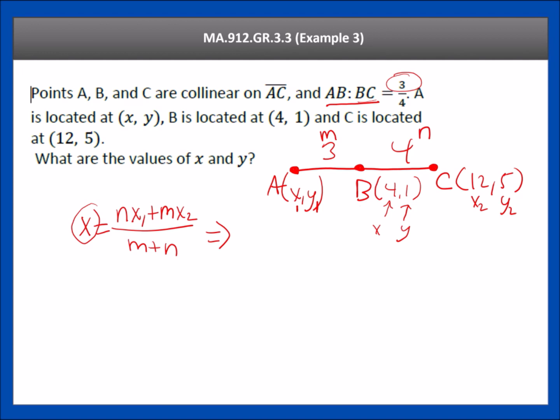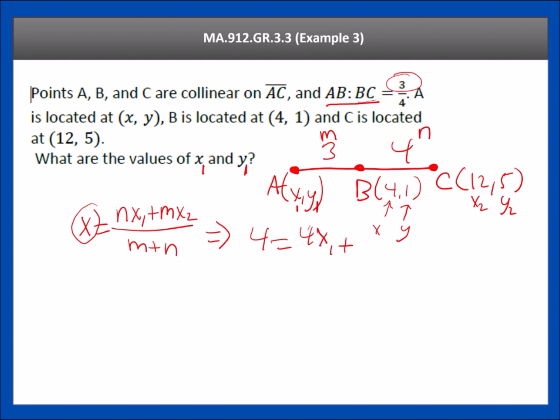This is not to be confused with this x and y. So I'm going to call this x1, y1, just so that we don't confuse it with the regular x, regular y. That's what we're trying to find for A. So in that case, we know that the regular x is 4. So 4 equals n is 4. X1, we don't know. That's what we're trying to find.